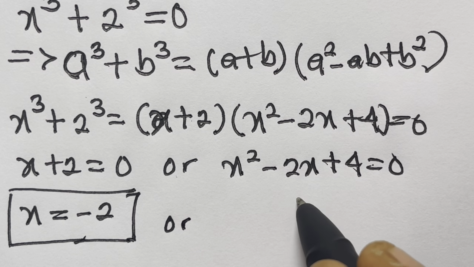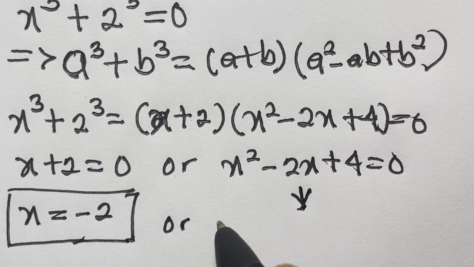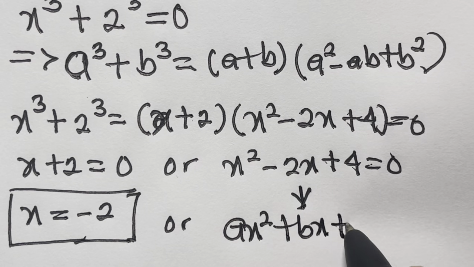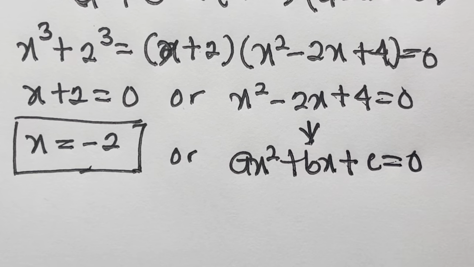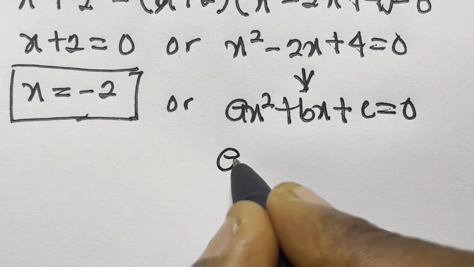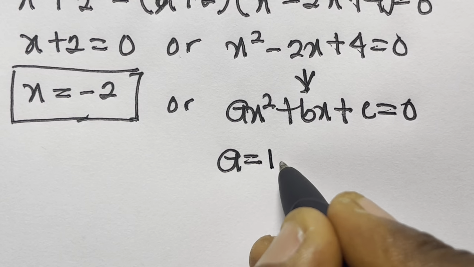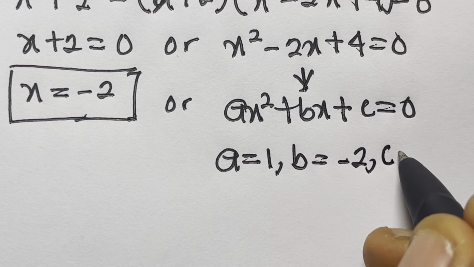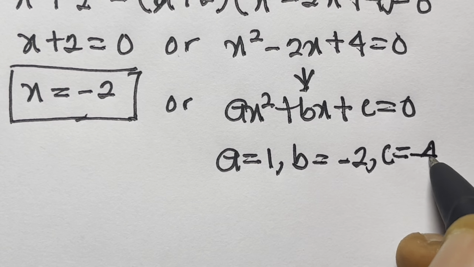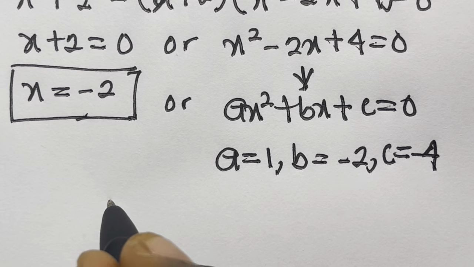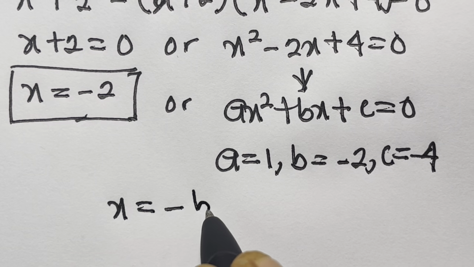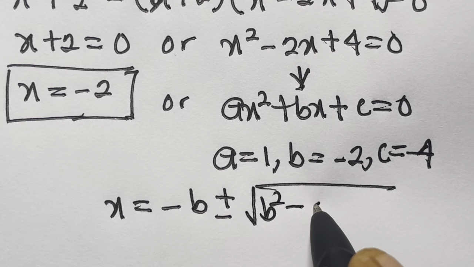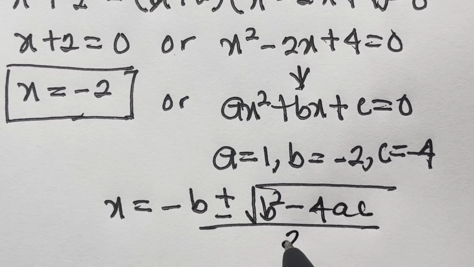Or for this, you also see that this is a quadratic equation, of the form ax squared plus bx plus c equals 0. So from here, you declare that a, the coefficient of x squared, equals 1, b, the coefficient of x, equals minus 2, and c equals 4. So we'll have x, the quadratic formula, minus b plus or minus square root of b squared minus 4ac, divided by 2a.